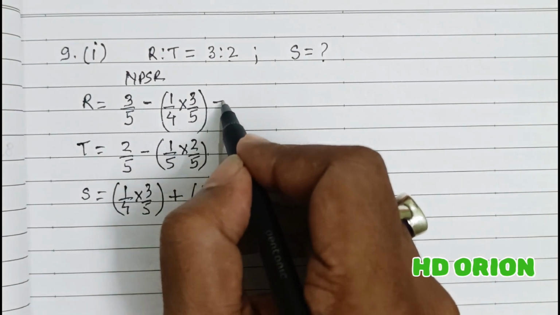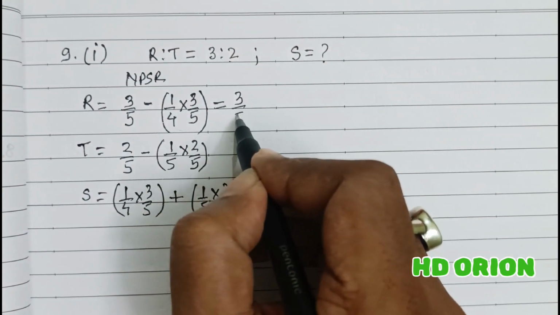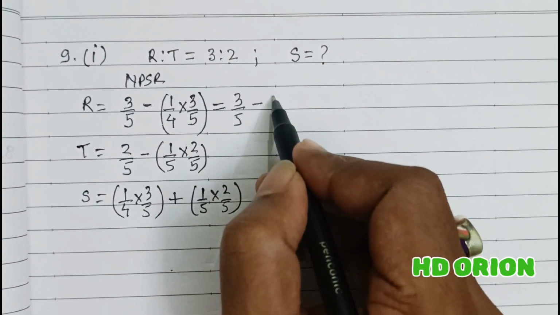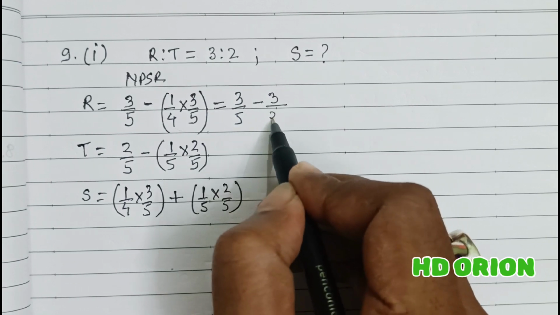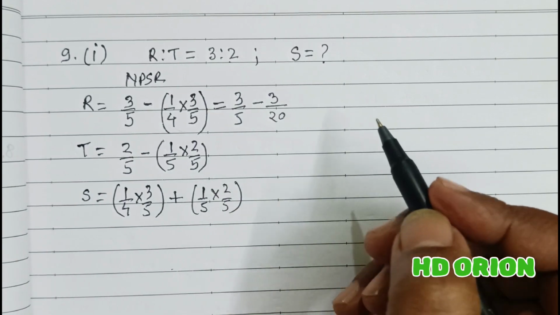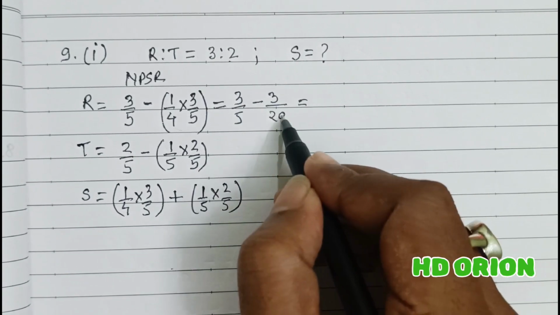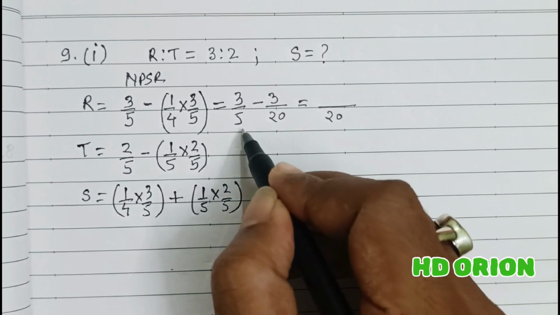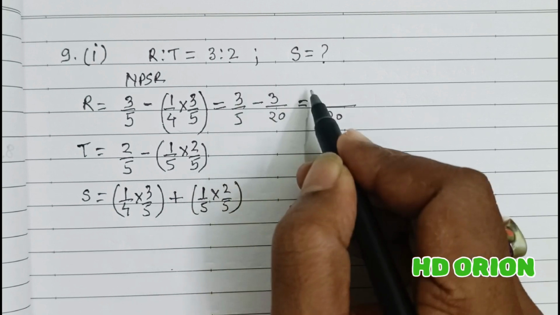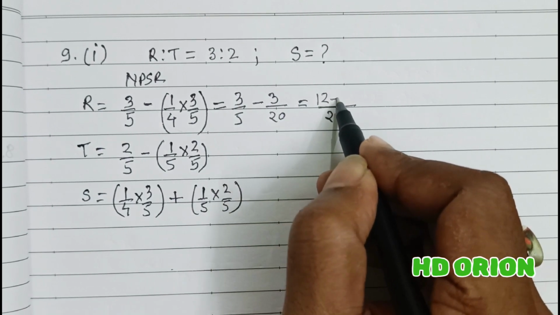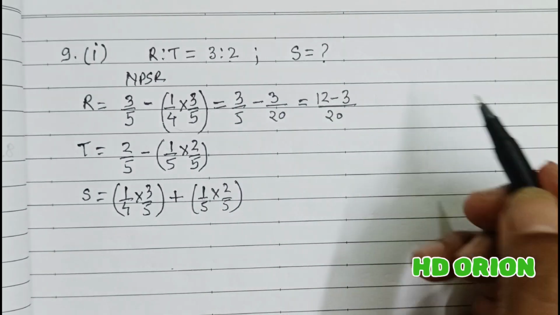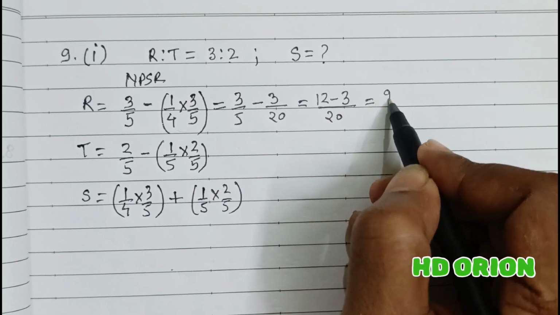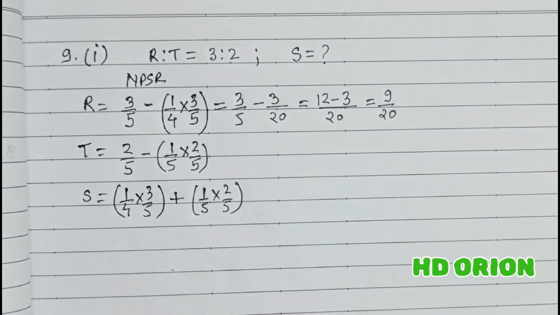Let us solve this. It is 3/5 minus 3/20. Fine. So LCM is how much? 20. 20 divided by 5 is 4, multiplied by 3 is 12, minus 3, that is equal to 9/20.